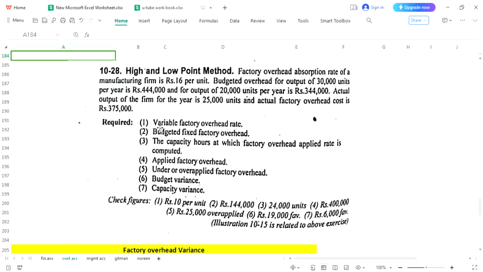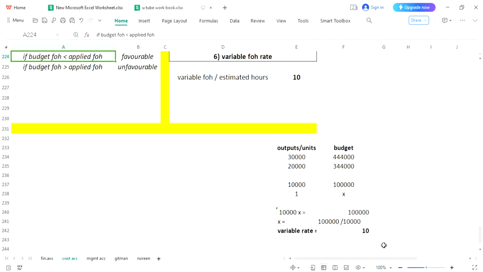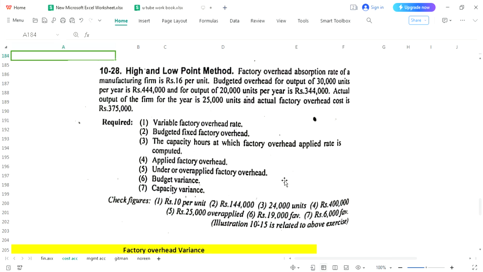So the first answer was the variable FH rate, which is 10, and we have calculated the variable FH rate through the high-low level method, and 10 is your answer. So the first answer is automatically checked.